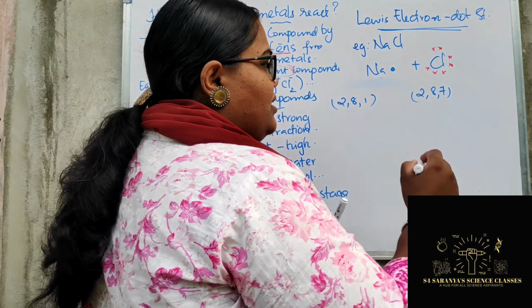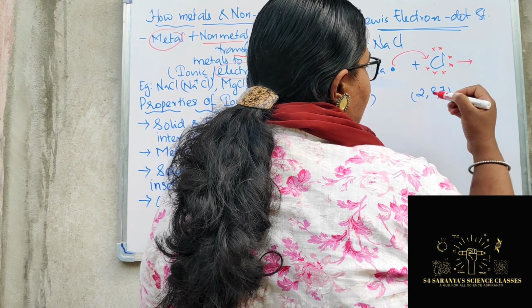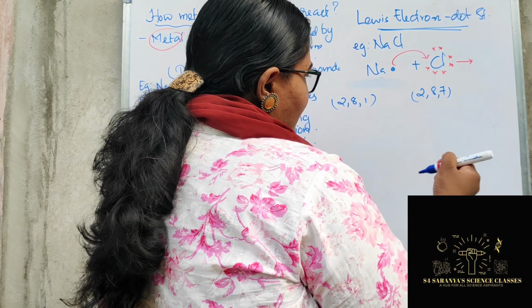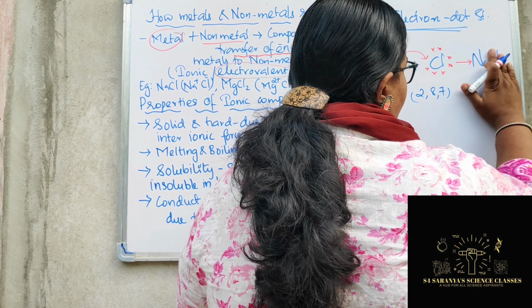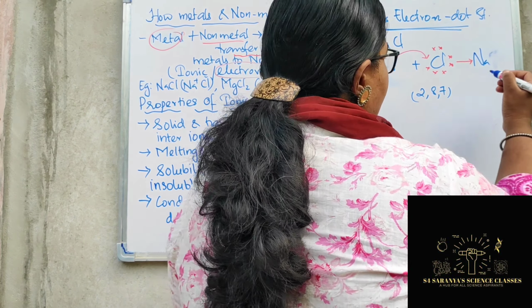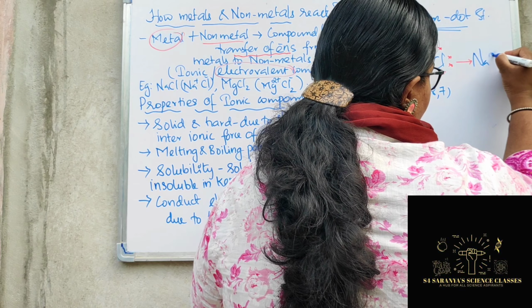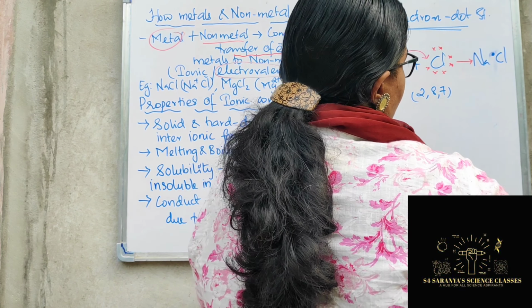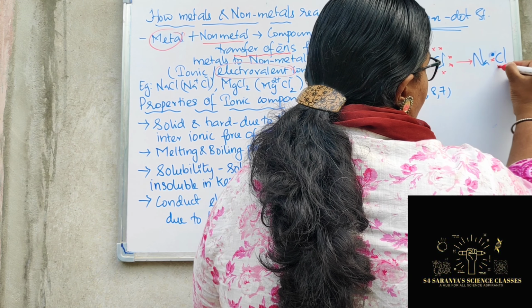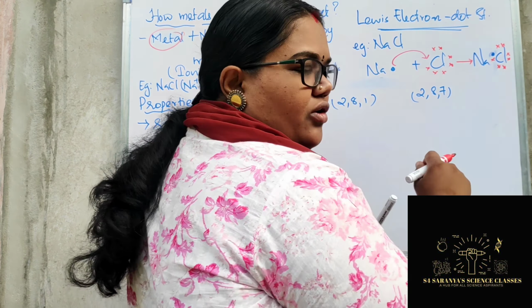So what will happen? This electron will be given to this. Now what will be the formation? You will get NaCl, right, NaCl. What will happen here? You can see there is no electron, it's given to chlorine, right. Cl, 1, 2, 3, 4, 5, 6, 7 and 8, chlorine 1, right.